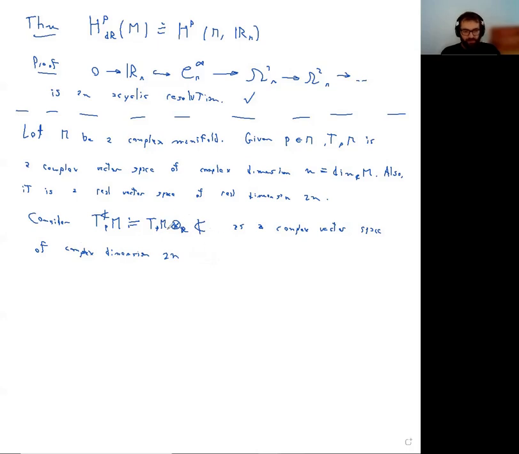But the interesting thing here is that on T_pM, if you remember that it's a complex vector space, you have a map which is induced by multiplication by i.